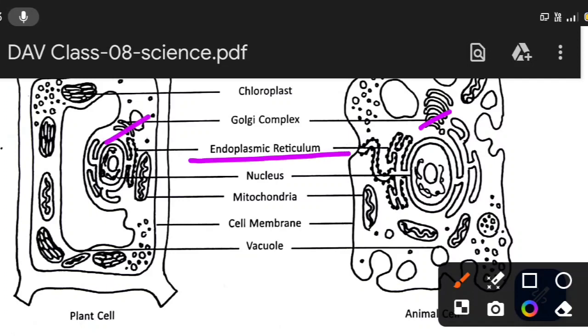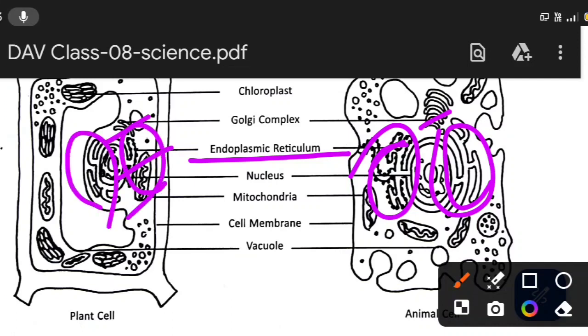The endoplasmic reticulum is present here and here also. This one is rough endoplasmic reticulum; it looks rough due to the presence of ribosomes. This one looks smooth due to the absence of ribosomes. Here also, rough and smooth. The nucleus is present here, and here also.